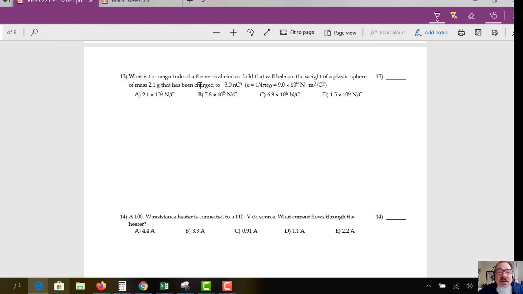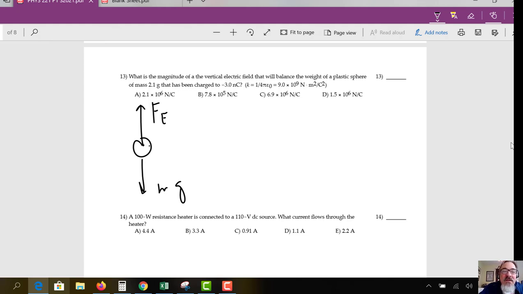What is the magnitude of a vertical electric field that will balance the weight of a plastic sphere? Okay, so we've got a plastic sphere. The weight of it is being balanced. So it's something like this. mg would be pulling it straight down. We've got this electrical force pushing it up. So this goes back to the first homework assignment, actually.